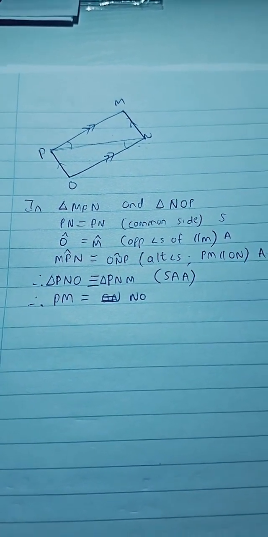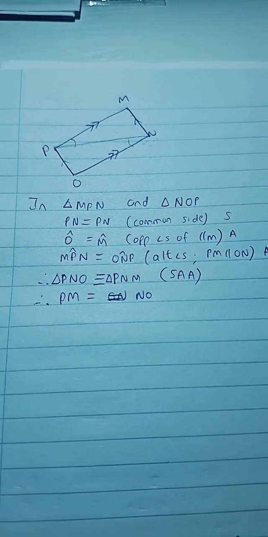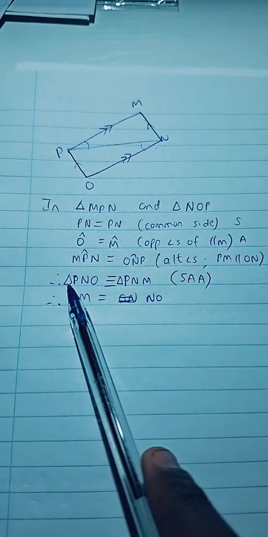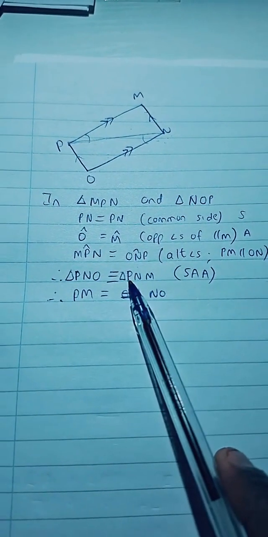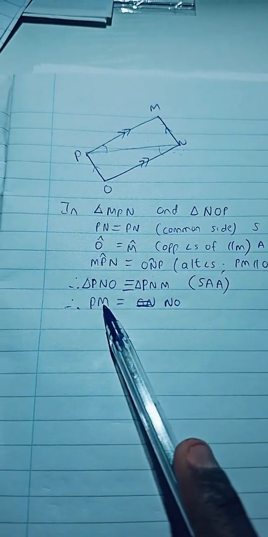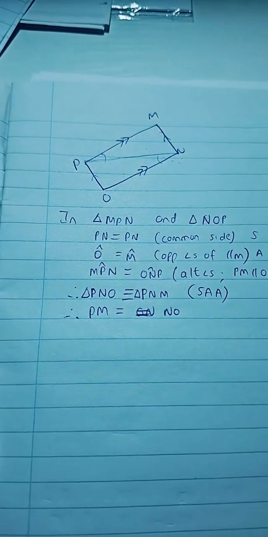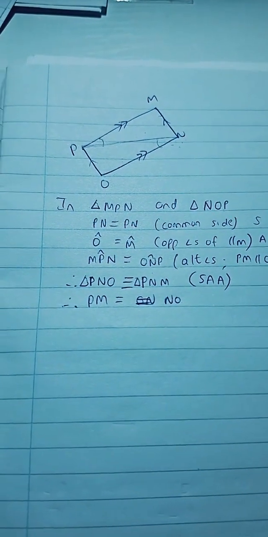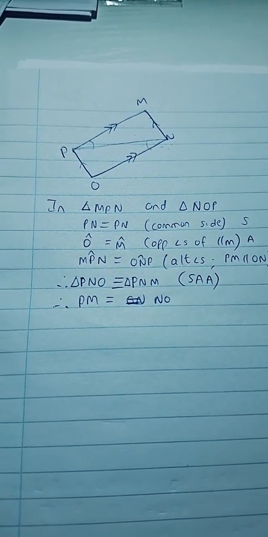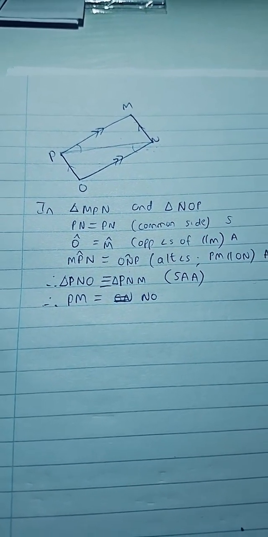So all in all, the cases of congruency are easy to prove, and that helps us to conclude. The minute triangles are congruent, we can make a statement with reference to the sides and the angles, because once two triangles are congruent, each respective side and angle will be equal.